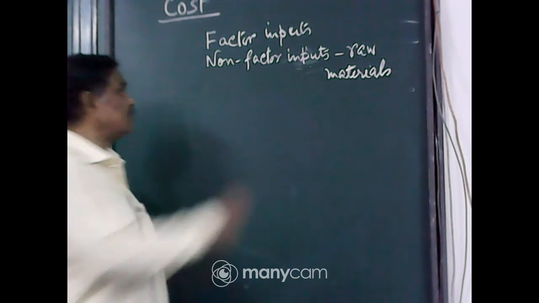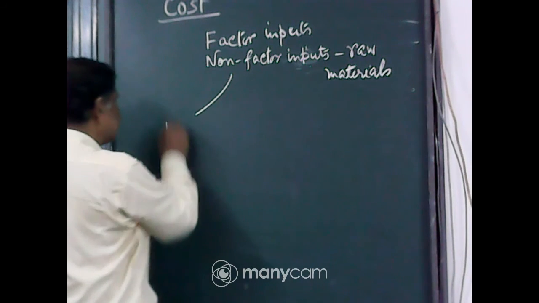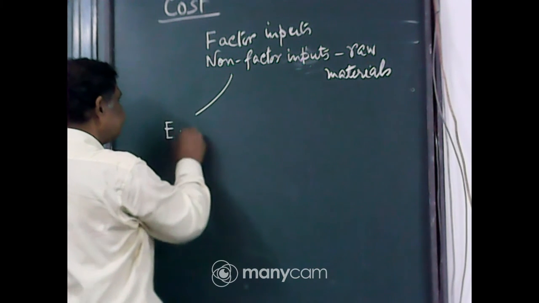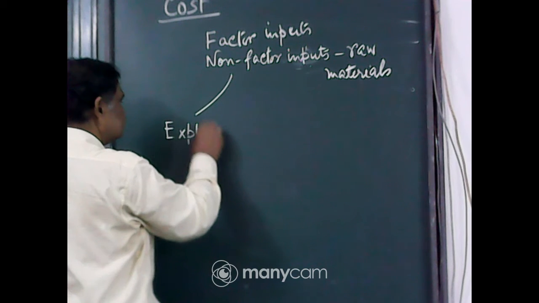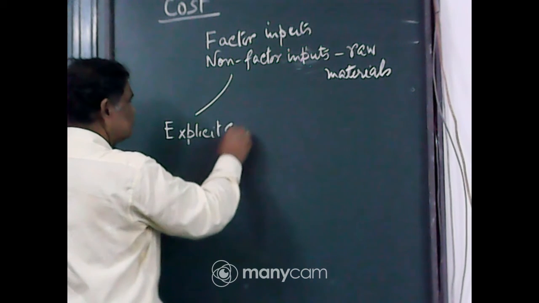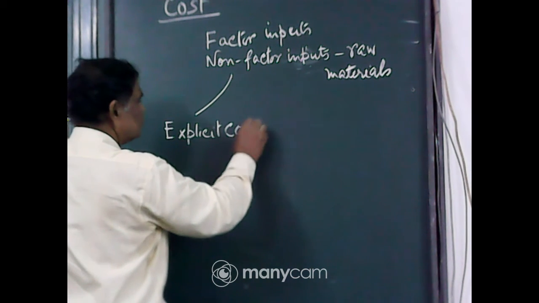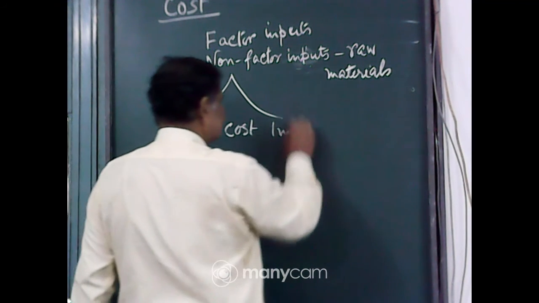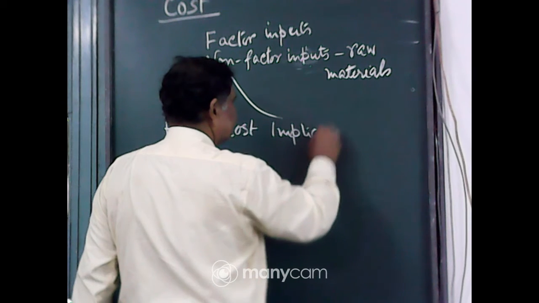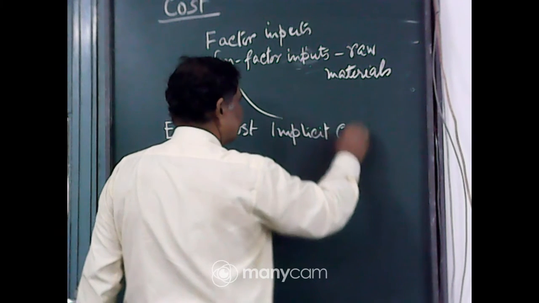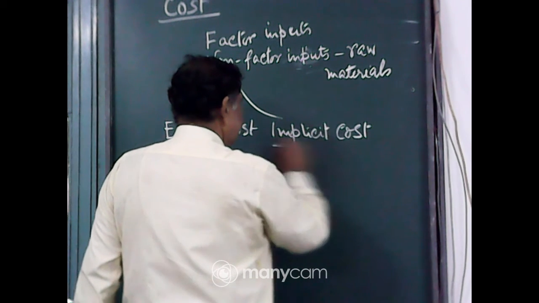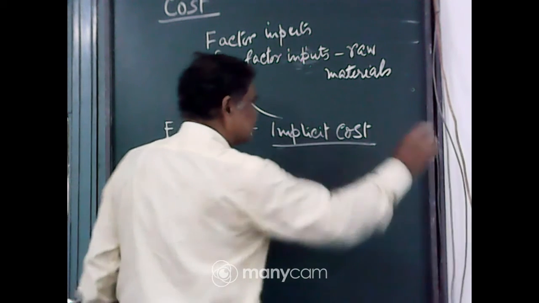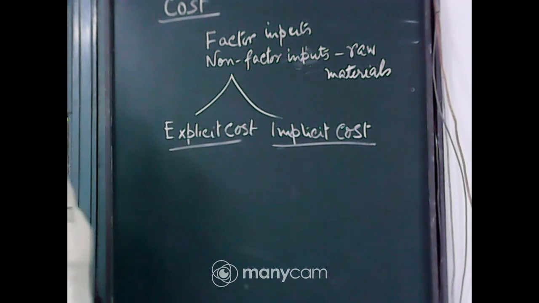Now, costs are of 2 types: explicit cost and implicit cost.